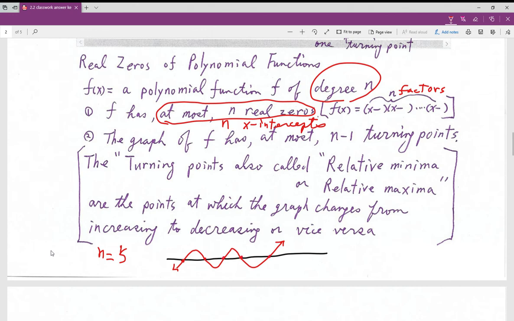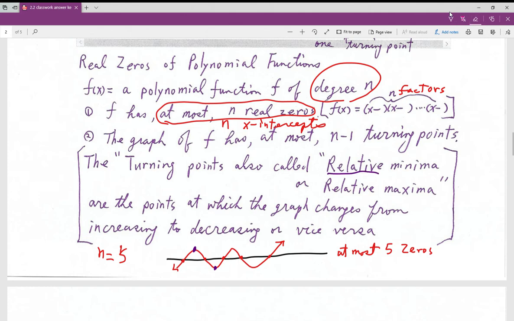You have at most 5 zeros. And at the most of 5 zeros, you can see something very interesting here. Do you see the maximum, minimum? We call them local or relative. That's the new vocabulary word.